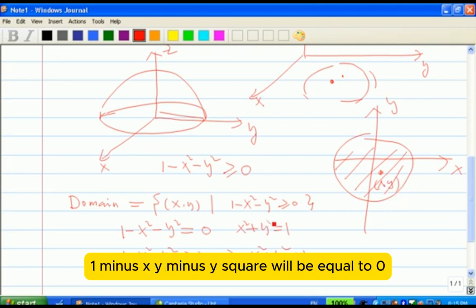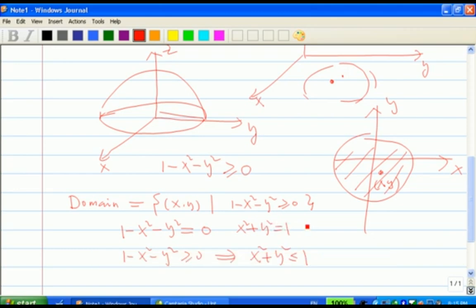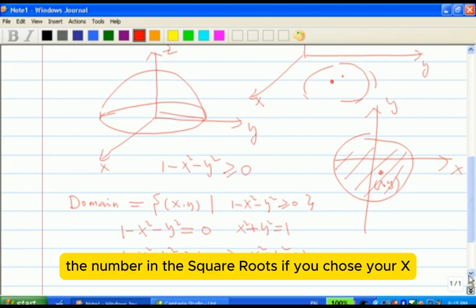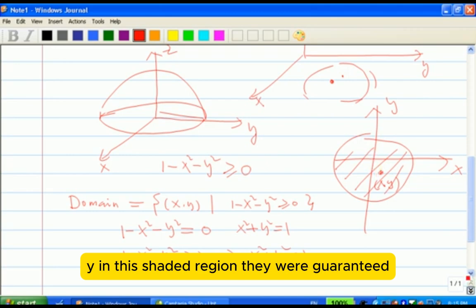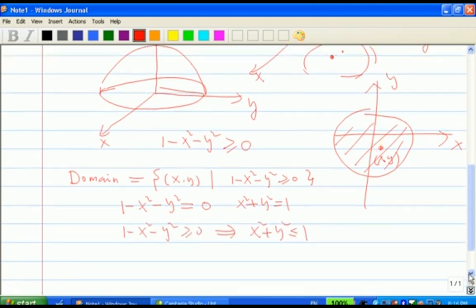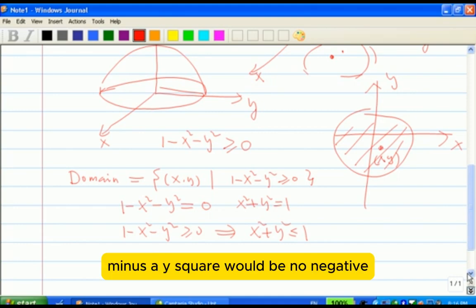In other words, 1 minus x squared minus y squared will be bigger than or equal to 0. This guarantees the number in the square root is non-negative, so that the square root makes sense.